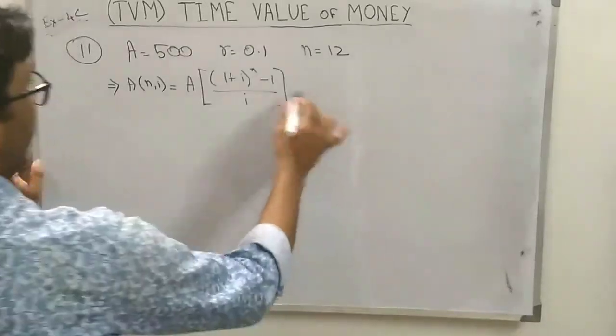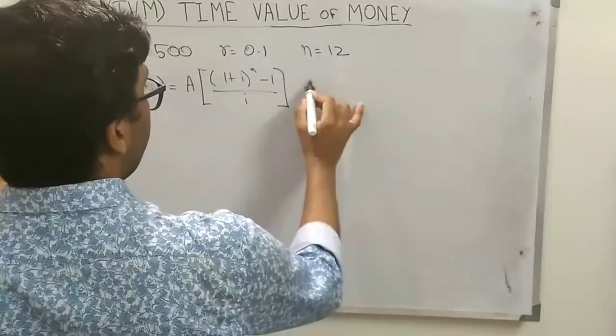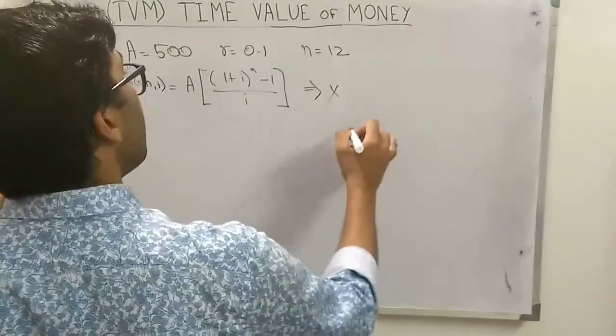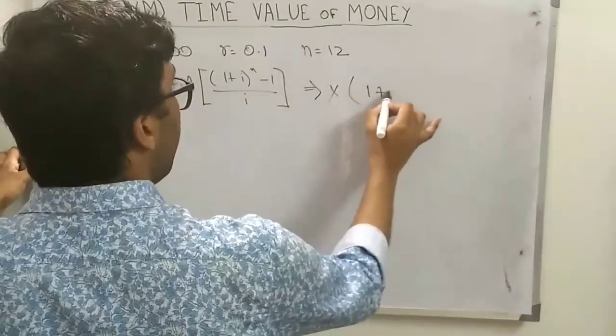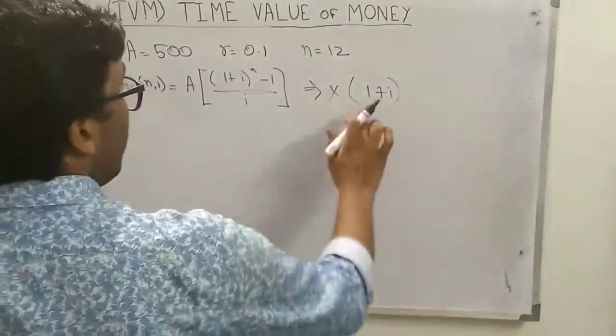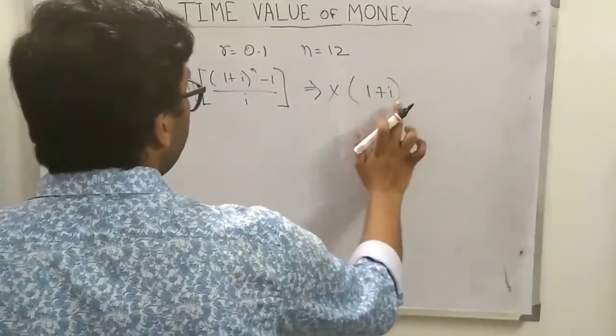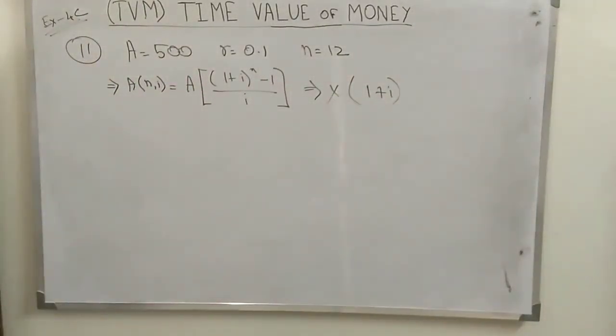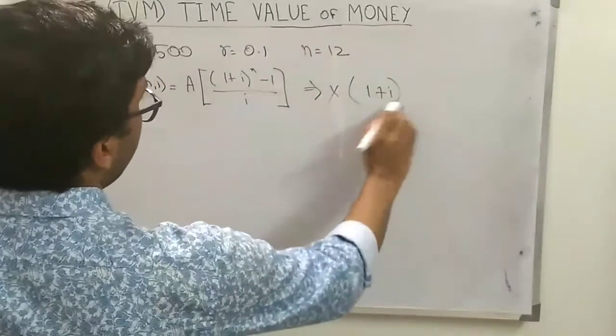Now whatever this value is, let's say the value is x, into 1 plus i. Why we are doing this? Because the present amount, or the amount at the starting of the year, after making the investment for the 12th time.